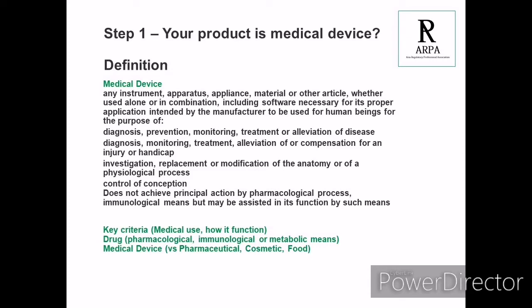These are the 2 major criteria that you need to fulfill in order to be a medical device. By comparison, a drug also has medical use, but how it functions is in a pharmacological, immunological, or metabolic way. A medical device is more physical, mechanical. So this is how to differentiate drug and device.